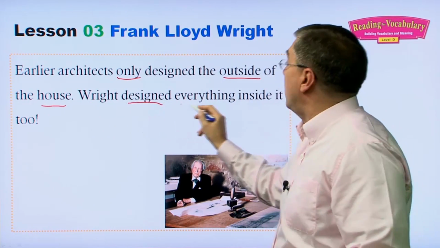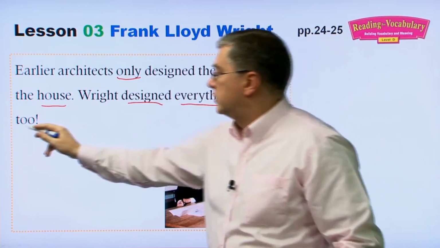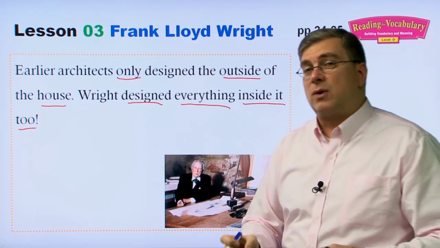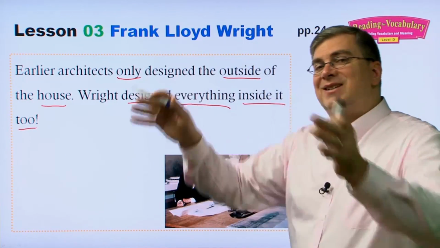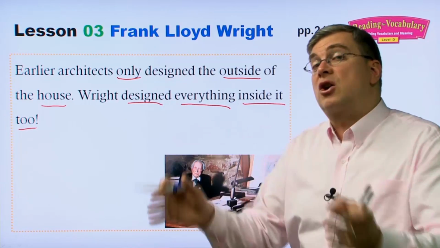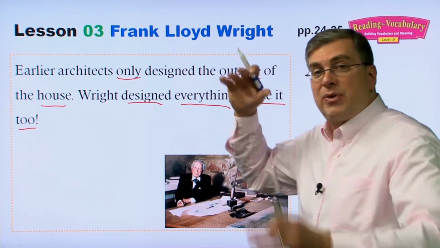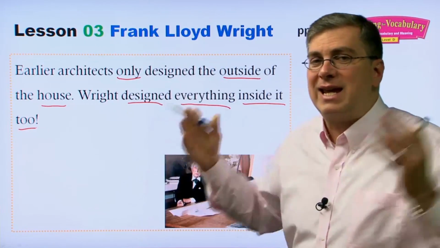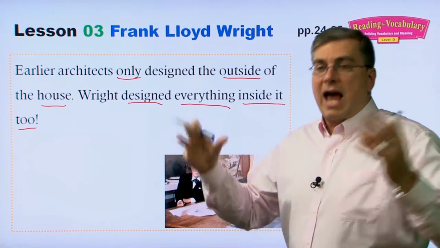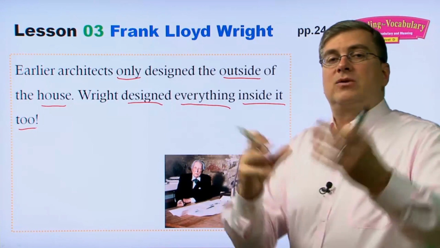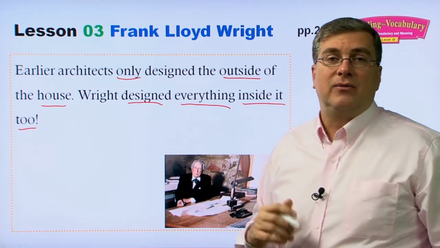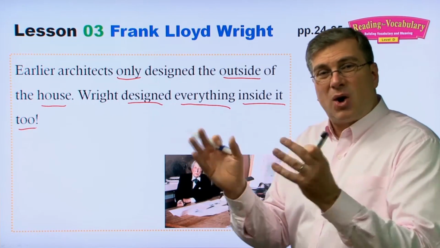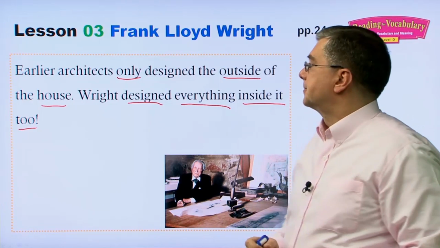Wright designed everything inside it too. So that's just what I explained, right? He didn't think just about the exterior of the building or the structure of the building. He thought about the entire building, everything inside that building as part of a whole. And that's why his designs became very famous and very popular, because it all fit together.